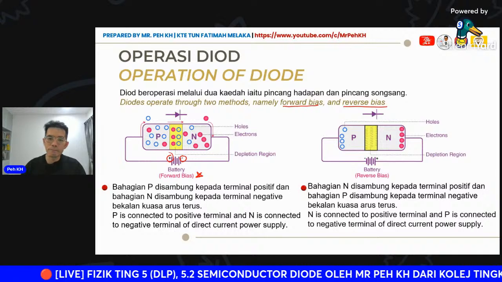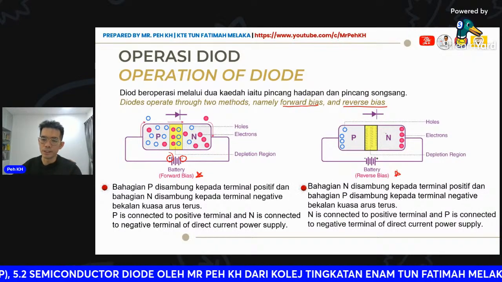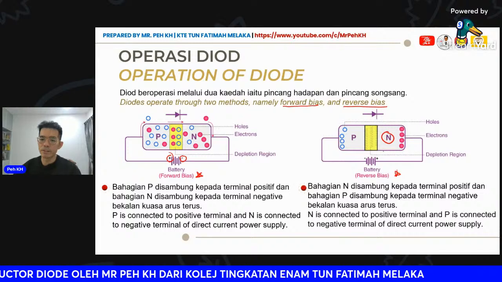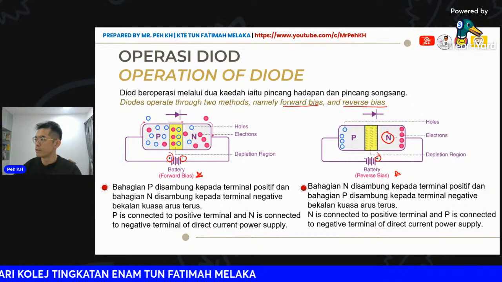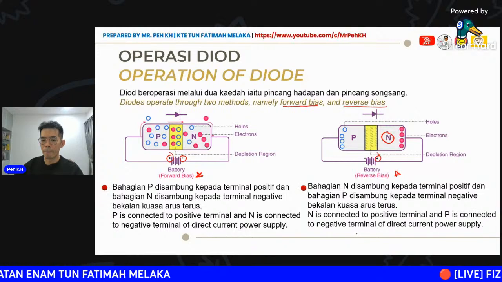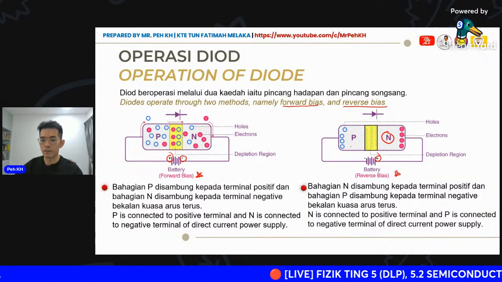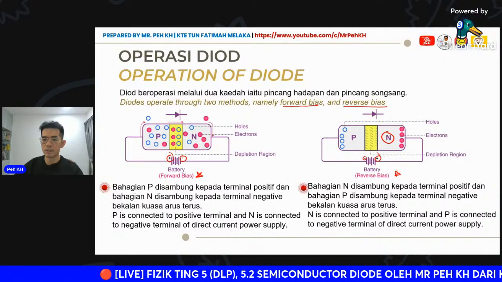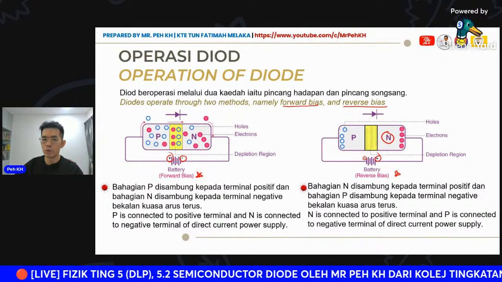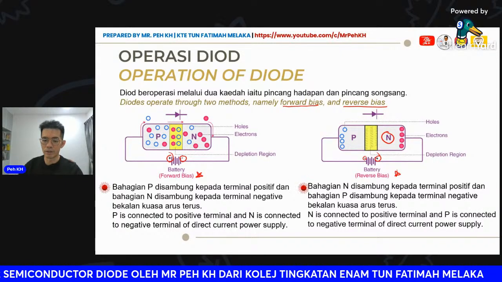On the other hand, for the reverse bias, the n-type semiconductor will be connected to positive, and the p-type semiconductor will be connected to the negative terminal of the battery. Okay, so what will be the effect for the two methods of operation of the diode?